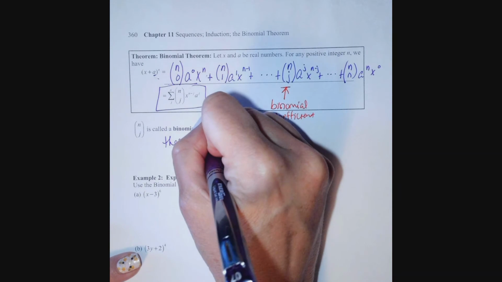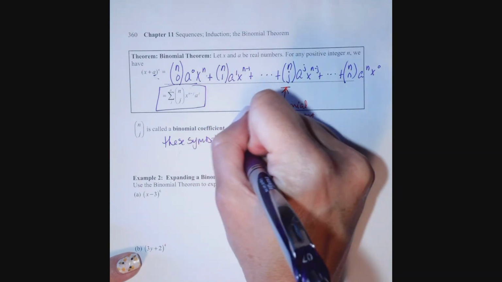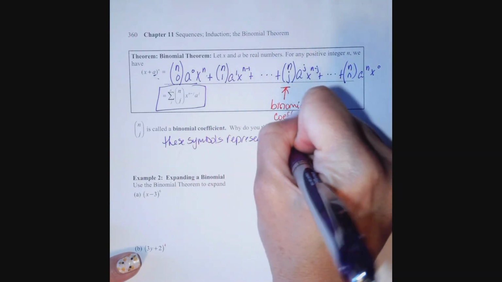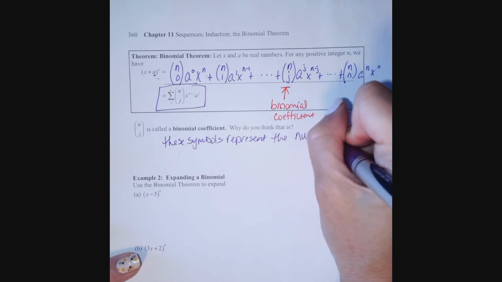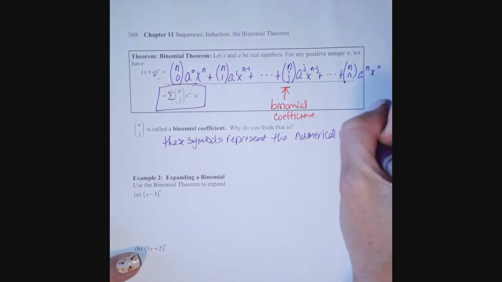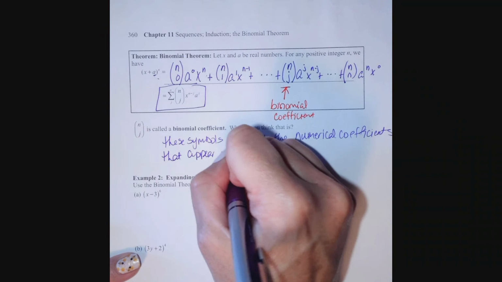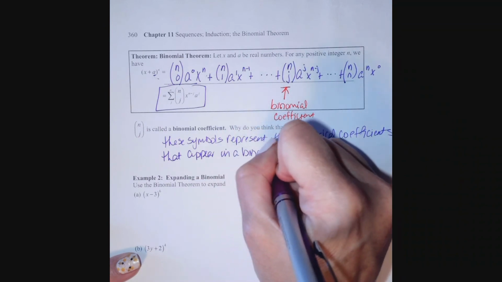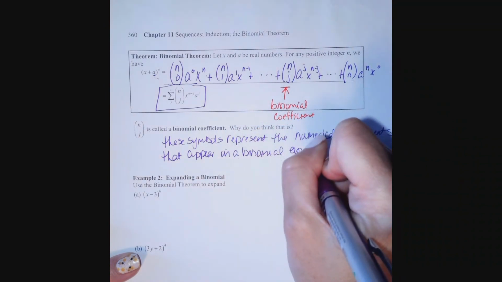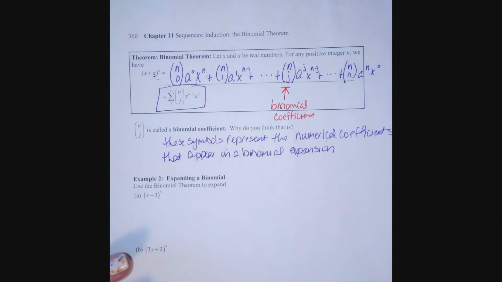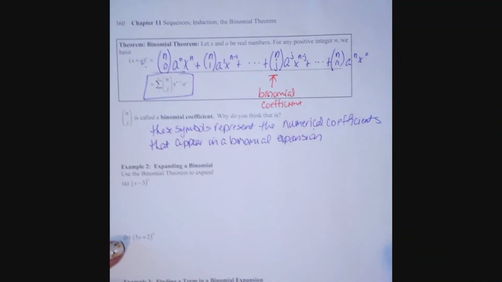These symbols represent the numerical coefficients that appear in a binomial expansion. And so they are true no matter what. They are going to be the same no matter what our terms are in our binomial.